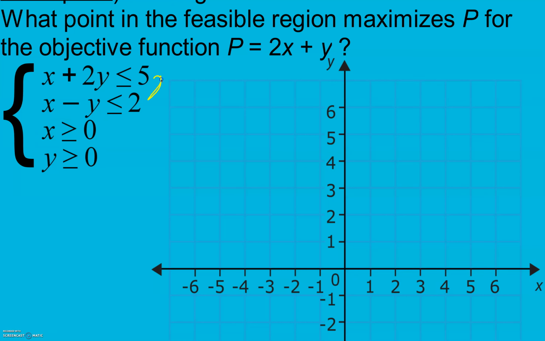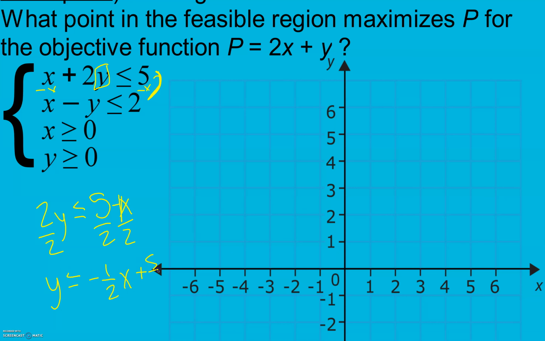So I'm going to graph just these two, and again, only in the first quadrant. I'm going to solve the first one for y. Subtract an x from both sides. Divide everything by 2. I'm going to put this in slope-intercept form by putting my x first. Remember, our coefficient on that x is a 1, so it's minus 1/2 x plus 5/2, or 2.5. So I'm going to start at 2.5 as my intercept.